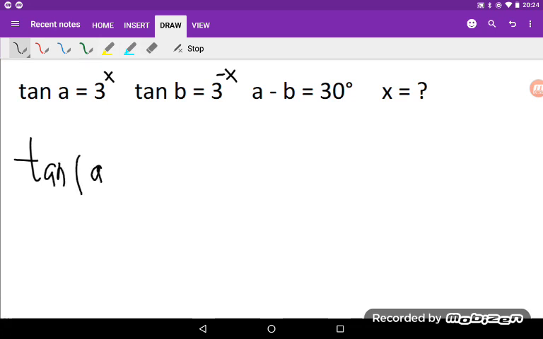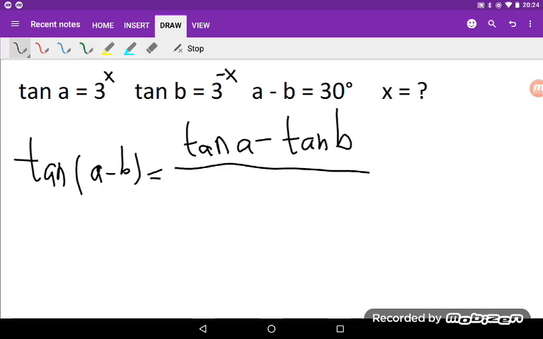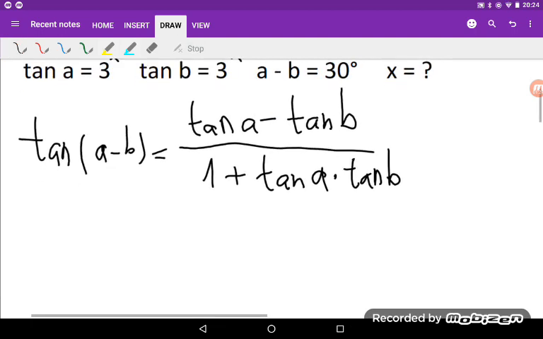So tangent of A minus B is equal to tangent of A minus tangent of B, all over 1 plus tangent A times tangent B. Okay, and now we'll just put pi over 6 here.